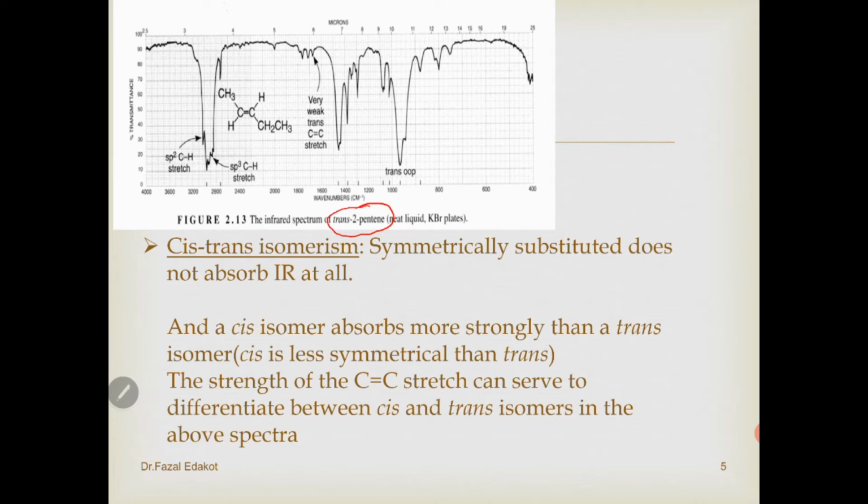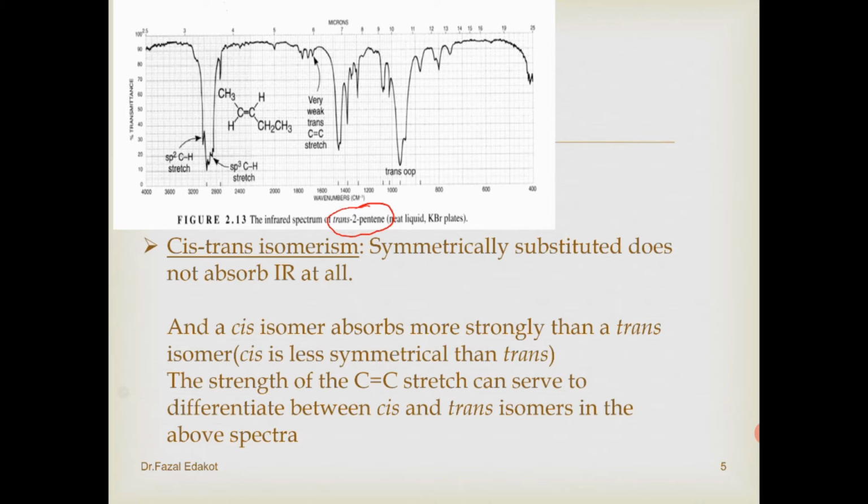And here in 2 pentene, you have two options, that is the cis isomer, the other one is the trans isomer. Can you differentiate the cis isomer from the trans isomer by using infrared spectroscopy? Yes, you can differentiate by using infrared spectroscopy.